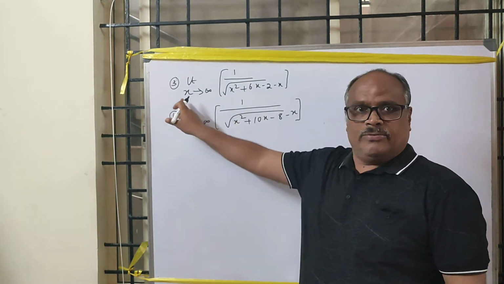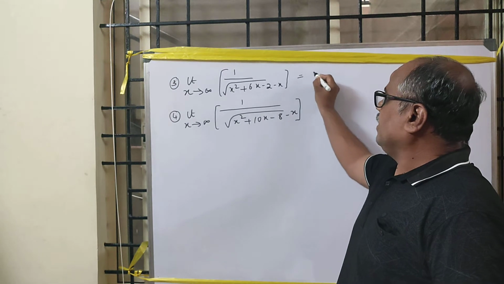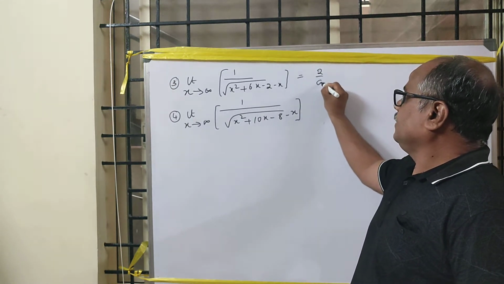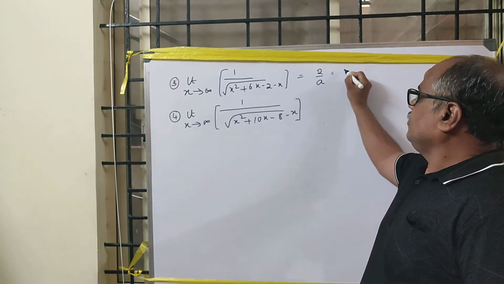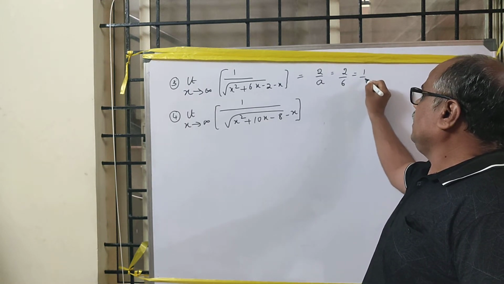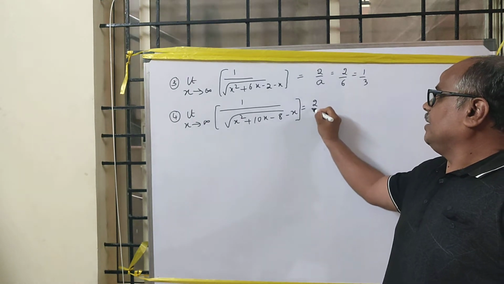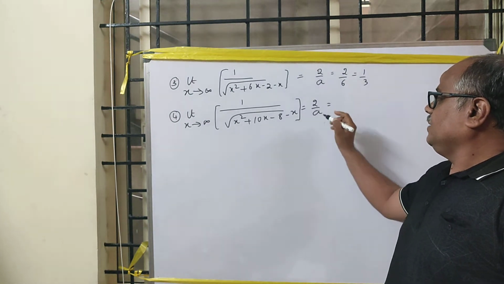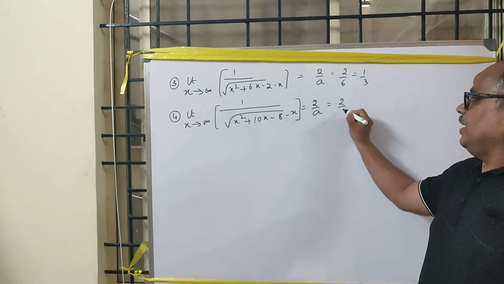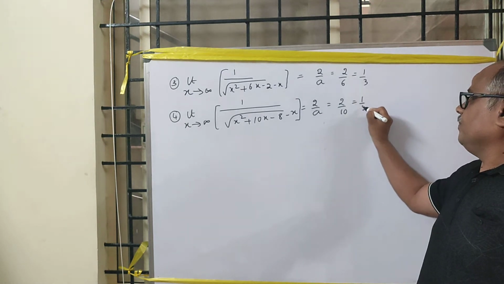Third problem and fourth problem is here. The answer for this one is 2 by a, equals 2 divided by 6, 1 by 3. For this one, 2 divided by a, here the value of a is 10, 1 by 5.